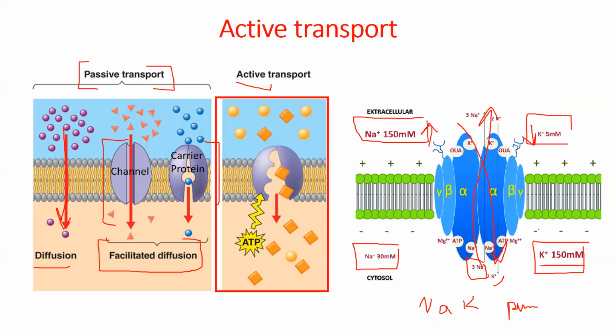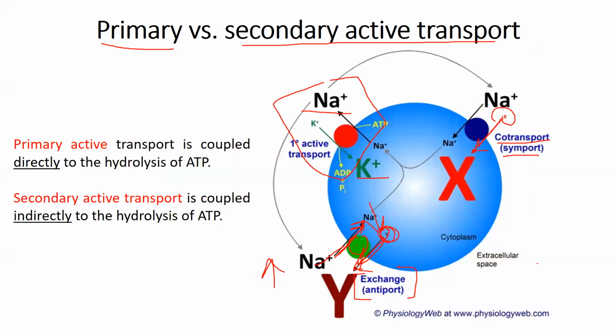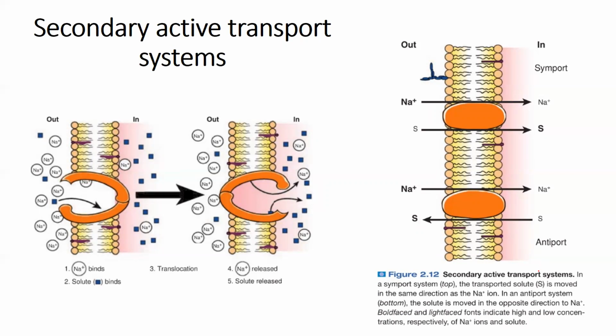It will transport both sodium and potassium against their concentration gradients, okay? While with the secondary active transport, it will only transport the second molecule against its concentration gradient.